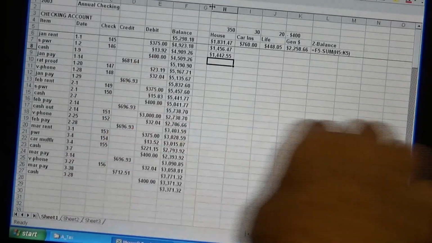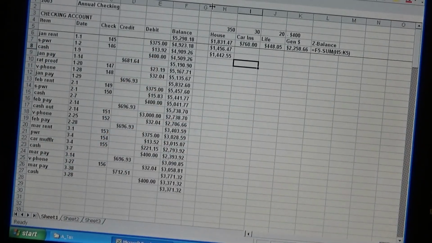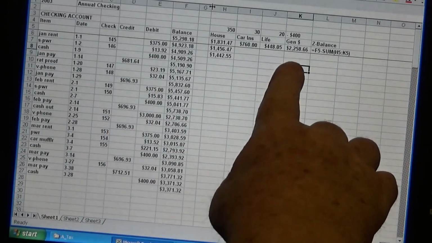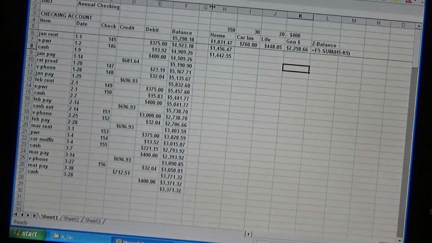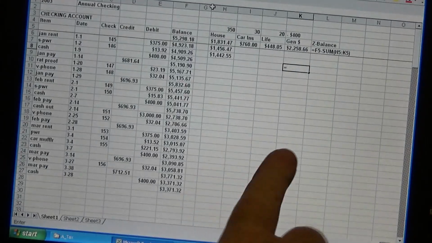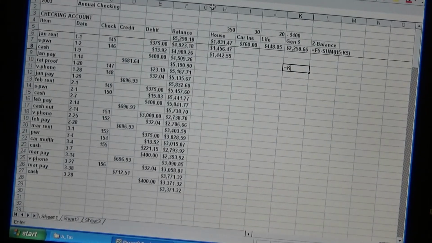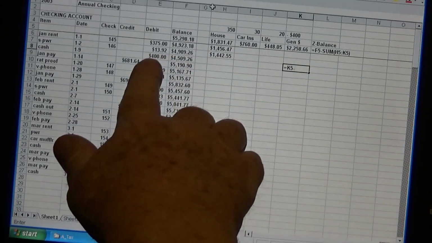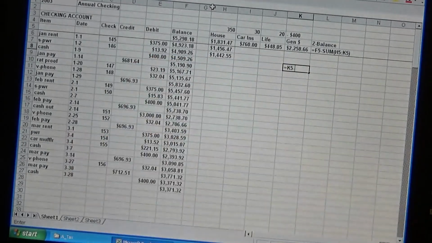And it took cash out. That's going to come out of the general fund envelope. So that's going to be equal to K5 minus E8.